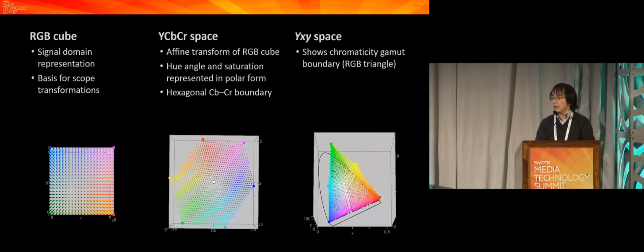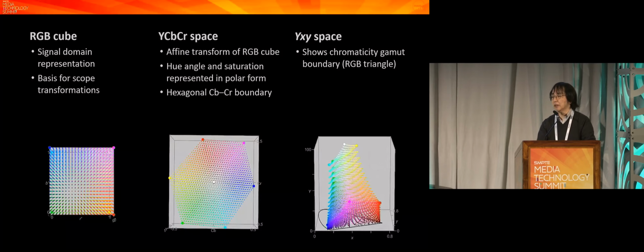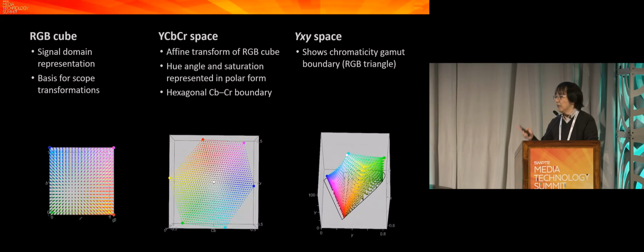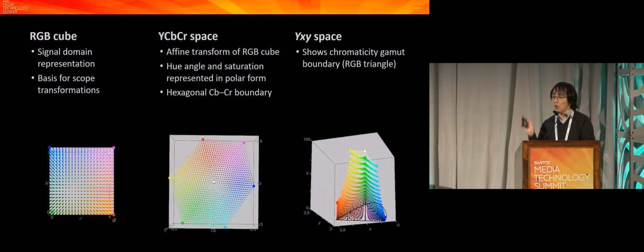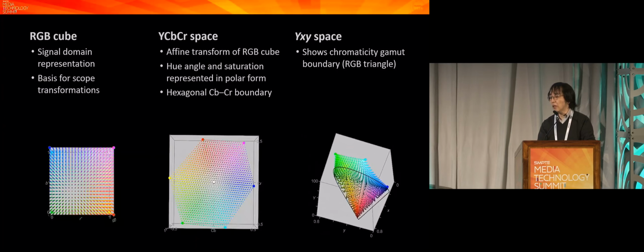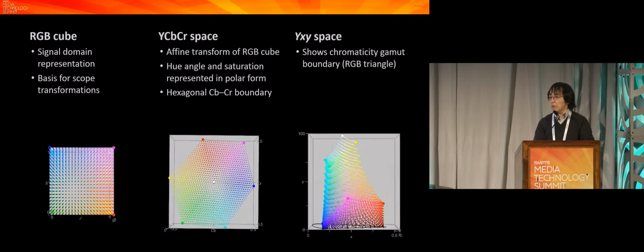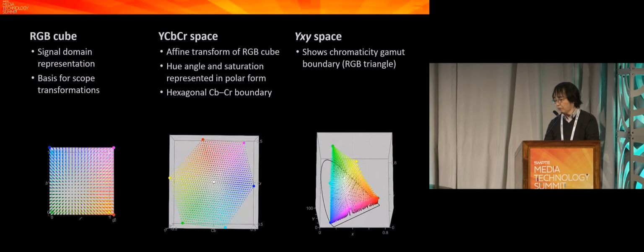In Yxy space, the gamut has a complex shape. It has three vertical walls, one triangle floor, and curved roofs. But from the top view, it's a triangle.